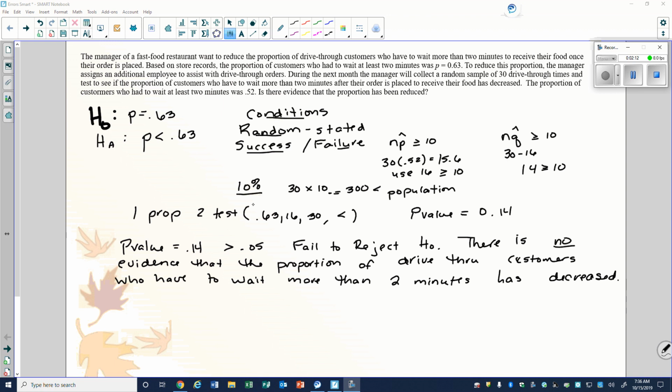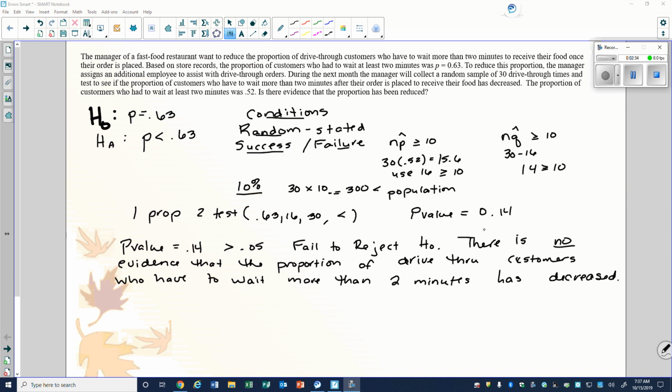All right, so I'm going to run a 1 proportion z-test at a null hypothesis of 63%. The sample that we got was 16 out of 30 were decreasing that time, and we're testing it against an alternative hypothesis that we chose, less than.